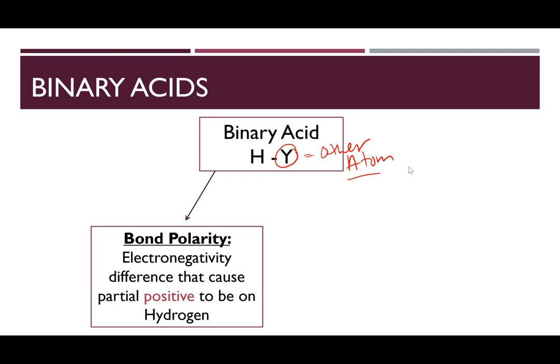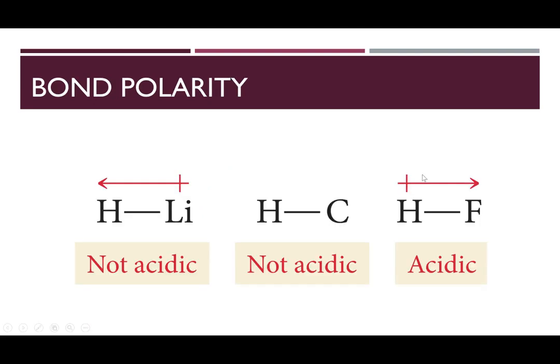Again, electronegativity, that's just a chart that is given to you or one that you can look up pretty easily. We're just going to look at these numbers, look at the difference between hydrogen and whatever atom it's connected to. Okay. So here are three examples of hydrogen bound to another atom. First, let's look at hydrogen and lithium.